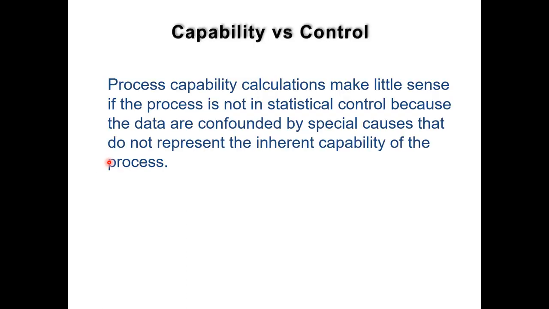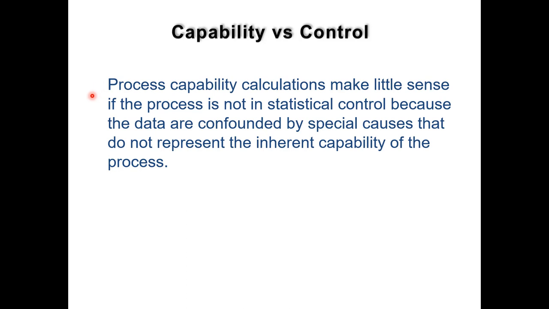This simply means that if you were to measure the process capability, you must first ensure that the process is in control. You must do your best so that the process is in statistical control. Only then can you compute the process capability, and only by doing so is the value more reliable.